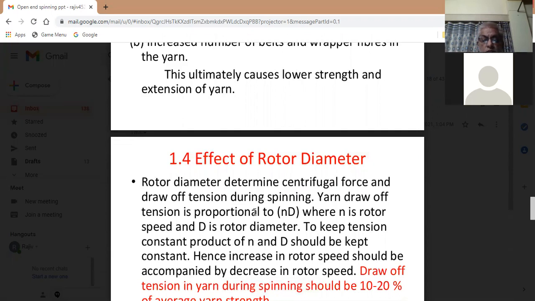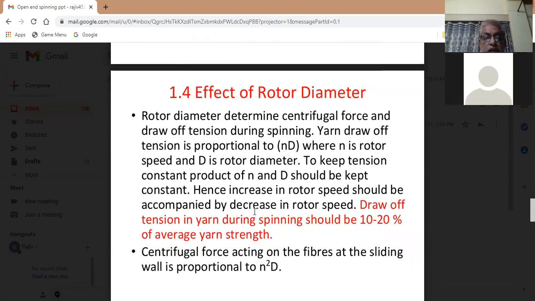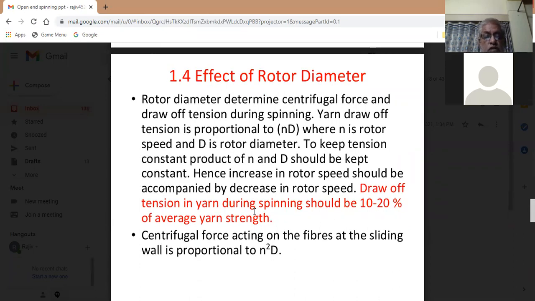It will depend upon fiber length, type of material, and it should be selected in such a way that average yarn tension should be 10 to 20% of the average yarn strength. Centrifugal force acting on the fibers at the sliding wall is proportional to n square d.